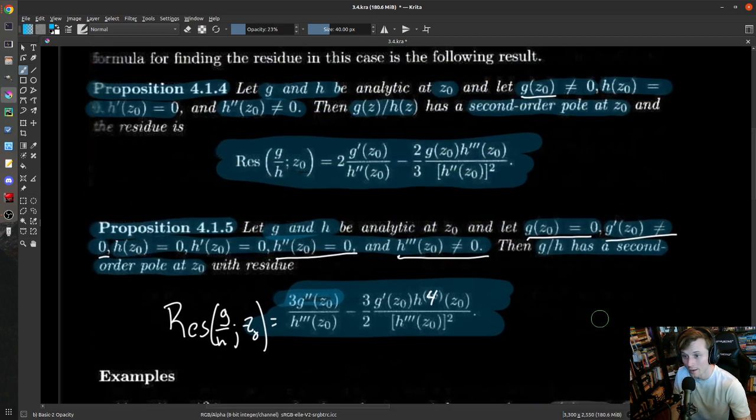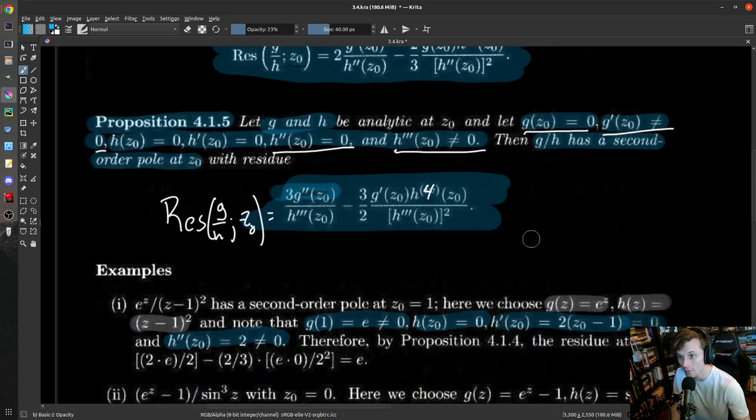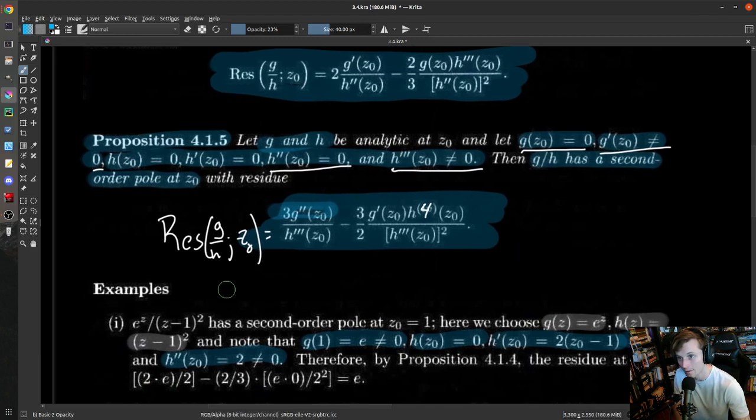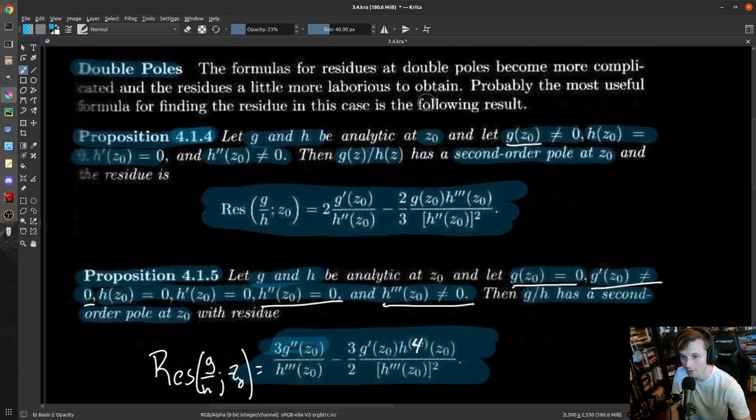So I'll use Proposition 4.1.4 and compute this ugly nightmare. 2 times the derivative of the top function at z naught, so that's e to the 1, 2 times e to the 1 divided by the second derivative of the bottom, that's just 2, so it'll just be e to the 1, minus 2 over 3 times the top function, which at 1 would still just be e to the 1. Oops, I'm using the right formula.